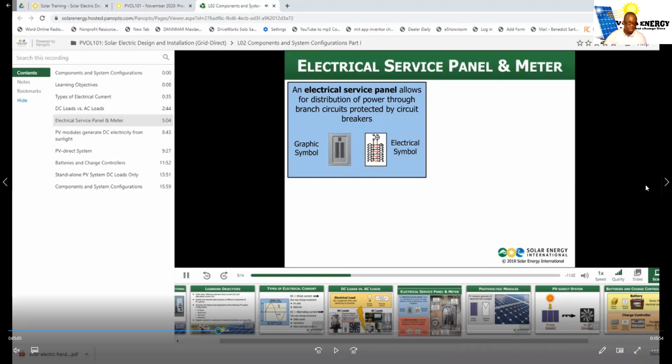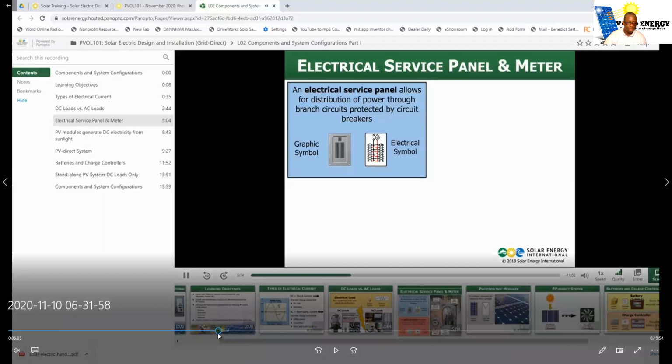What that does is distribute electricity to your various sockets: the socket in the bathroom, the living room, the rooms, distributed through running wires. Very important to know.